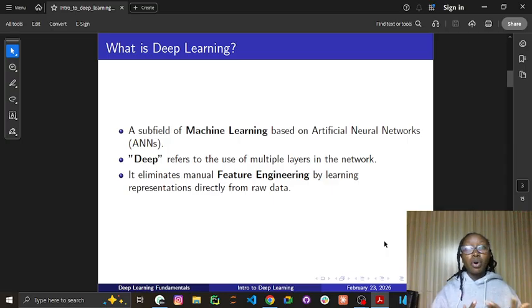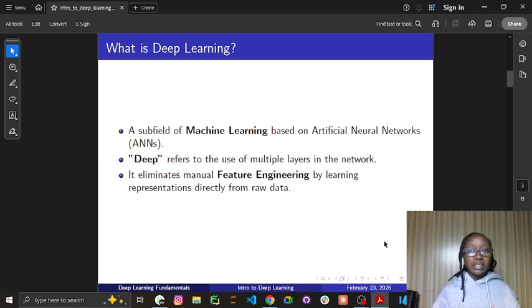Instead of giving computers the rules, we gave them a brain-like structure and a million examples. We stopped being programmers and started being educators. We started training computers. But what is it really? If you come across the word deep learning, what comes to mind?